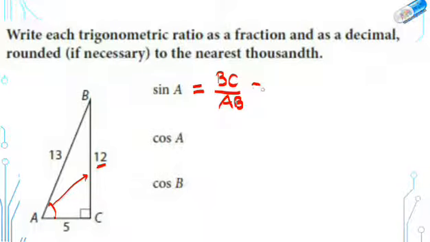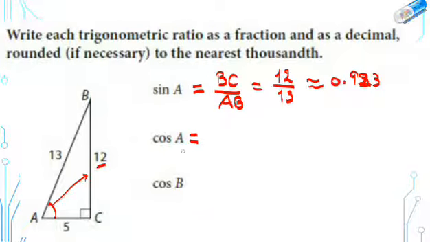And BC is labeled as 12, and AB, the hypotenuse, is 13. 12 over 13 is approximated to the nearest thousandth as 0.923. You can use the calculator here to find this and then round it.